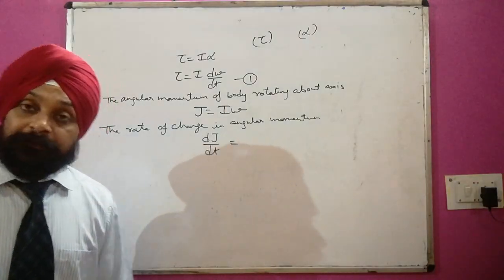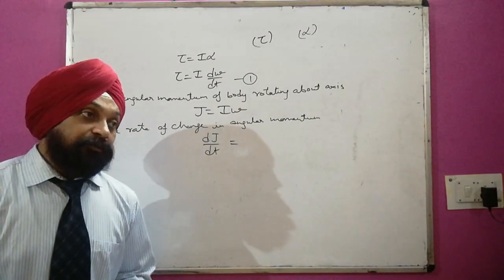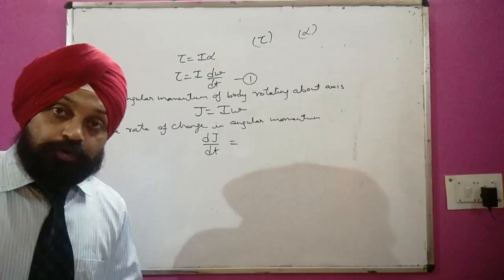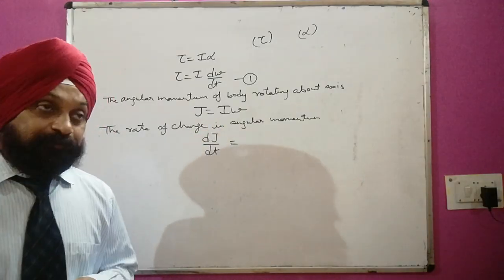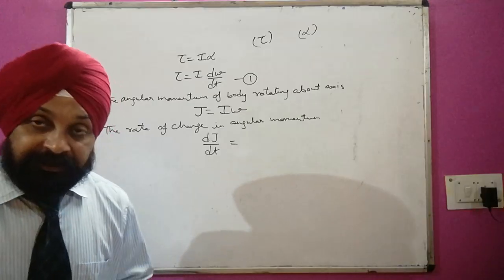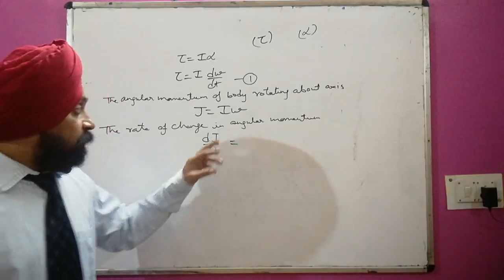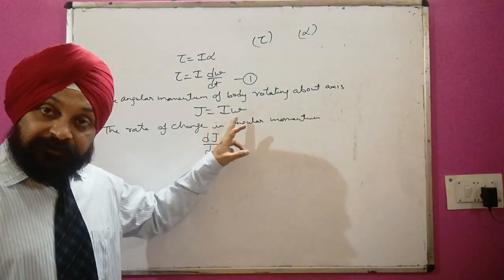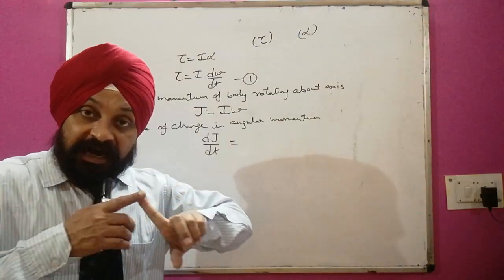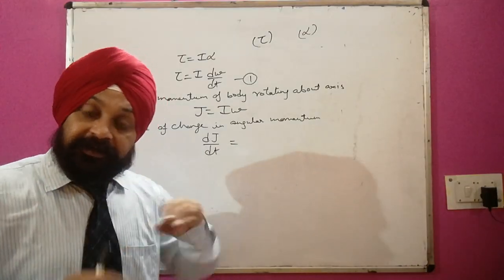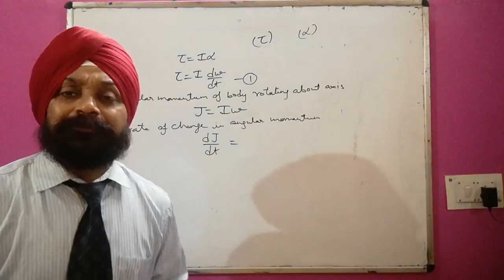Now, on the right hand side, there are two terms, I and omega. For two terms, while differentiating, we apply the product rule. But keep in mind, we have to check whether to differentiate I and omega. I is the moment of inertia, which is only mass and distance dependent. It has nothing to do with time.